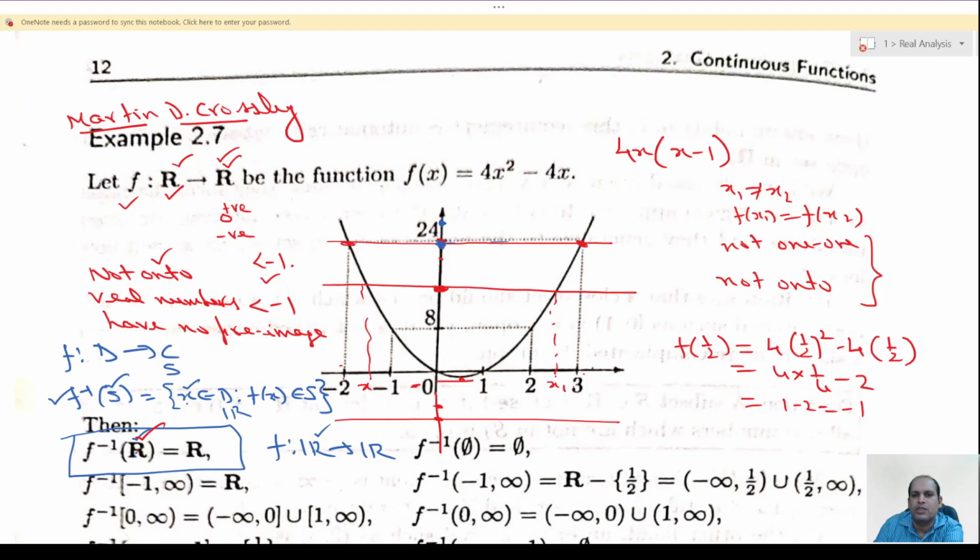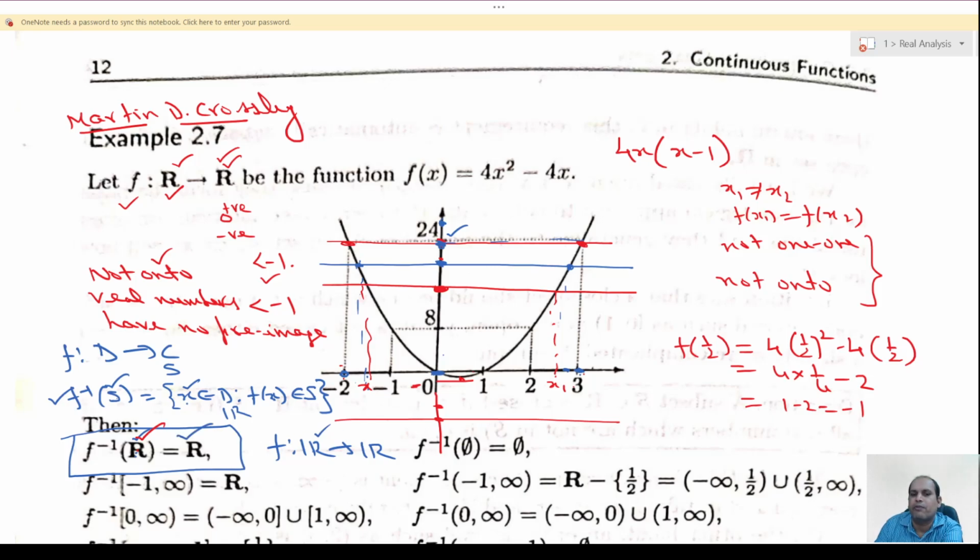We have both positive as well as negative members, and 0 also, since at 0 we are getting 0. So this means all negative real numbers as well as all positive real numbers. For example, if I draw a line parallel to the x axis, then corresponding to this we have those x whose image is within R. Hence negative real numbers, 0, and positive real numbers all have images within R. Hence f inverse of R is R.